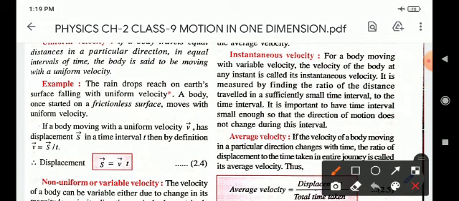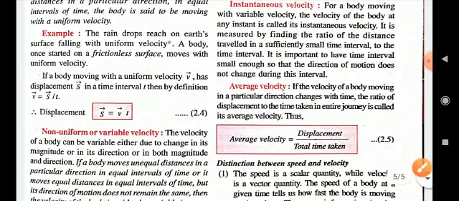Therefore, the ratio of displacement and a small time interval is called the instantaneous velocity. Same process for average velocity: average velocity is the ratio of displacement and total time taken. The unit is also meter per second, kilometer per hour, centimeter per second.